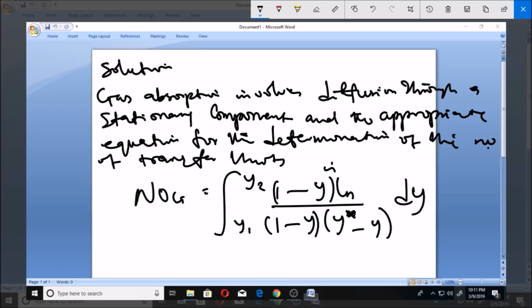So this is the general equation used in determining the number of transfer units for gas absorption.